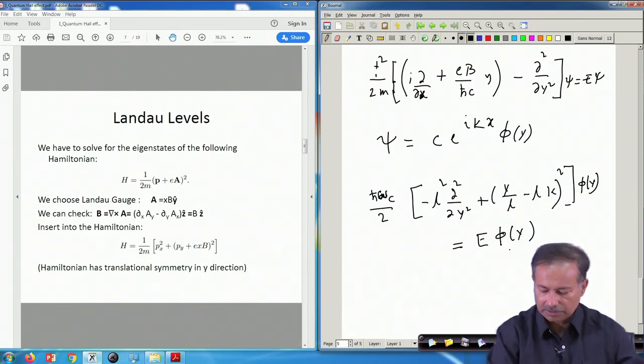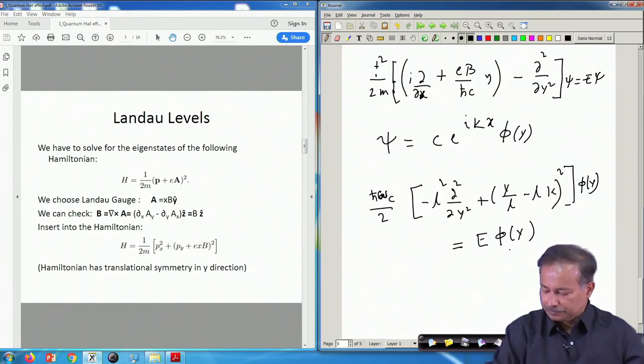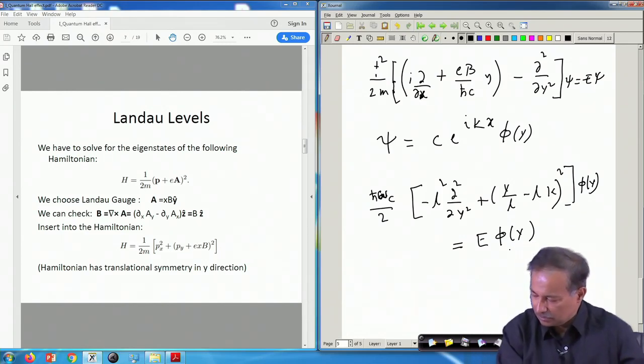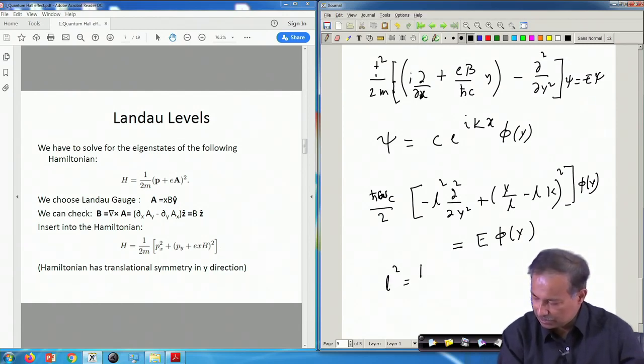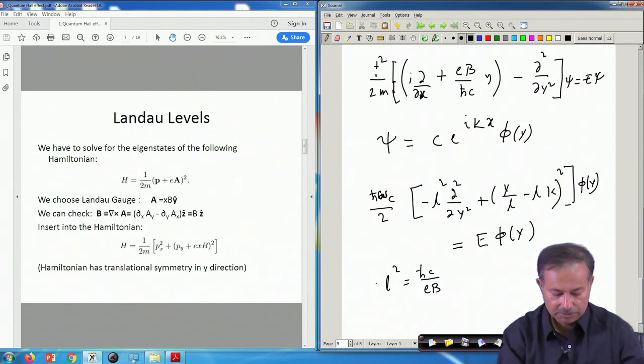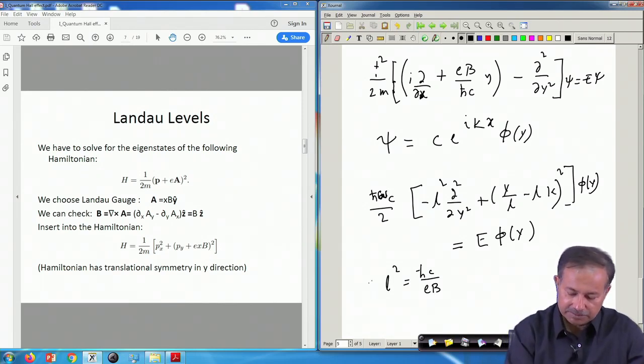So, this is what you will get, where L square is h cross c by e B. That is called the magnetic length.